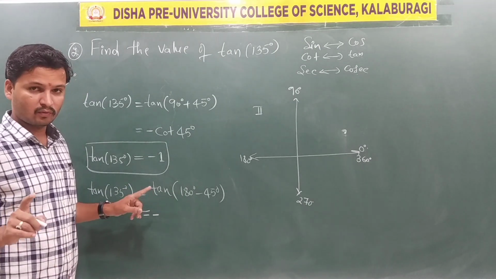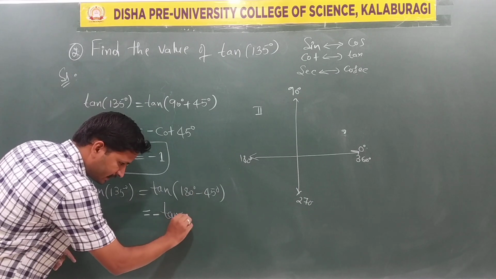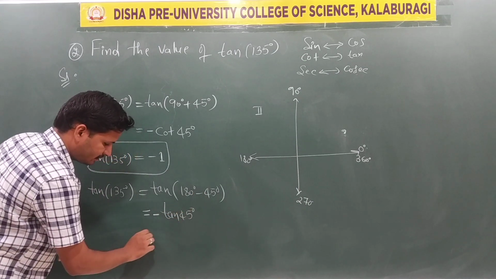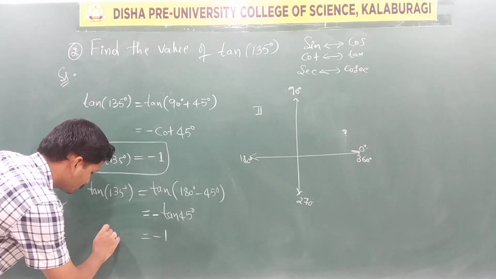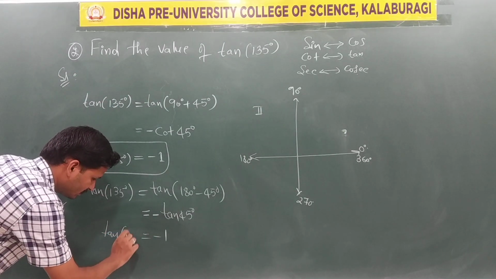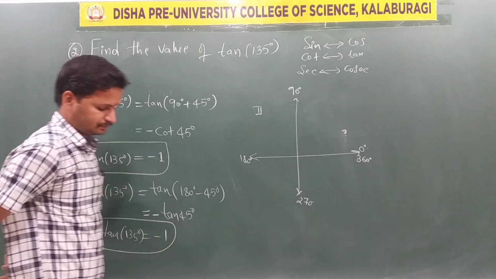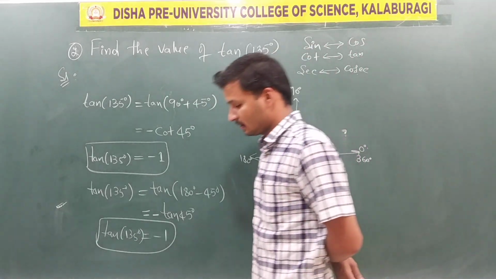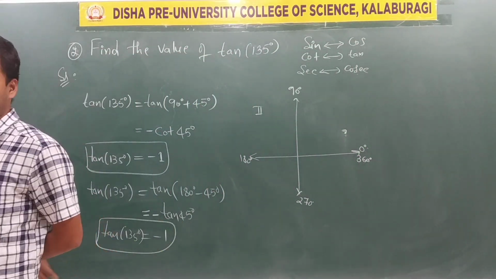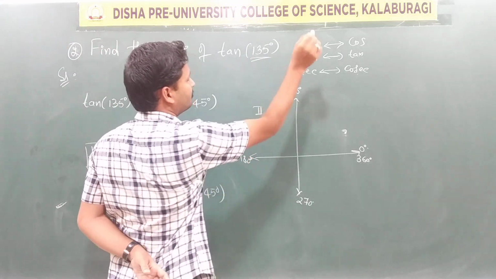No. So keep tan function as it is. 45 degree is there, so again minus tan 45 degree, which is 1. Therefore tan of 135 degree is equal to minus 1. This is the way to evaluate the values of trigonometric functions when the angle is given in degrees.